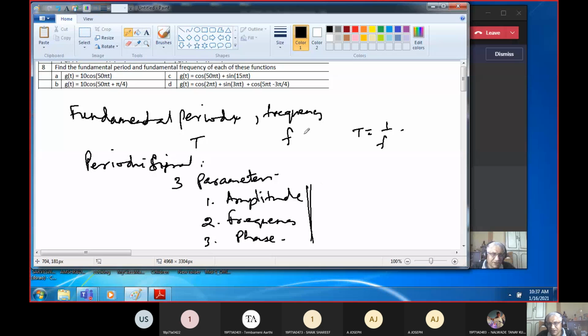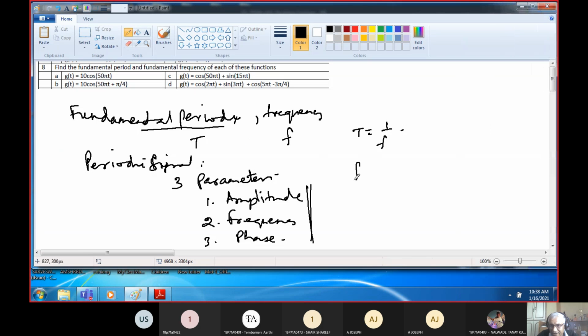Now coming to the finding out of the fundamental period, we all know that any function f of t can be represented using sine and cosine terms. So let us take only one term. Let us say take something like A cos(2 pi f t plus phi).